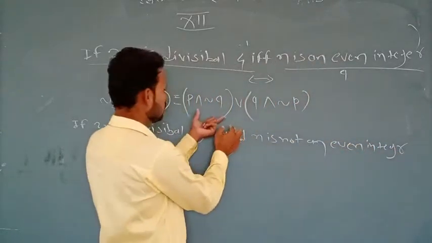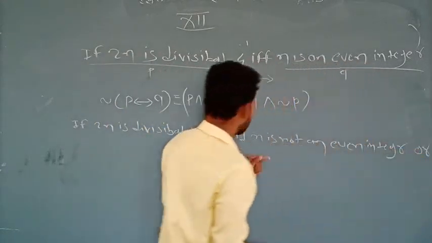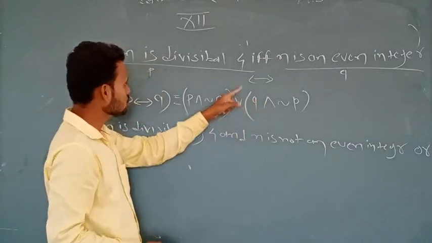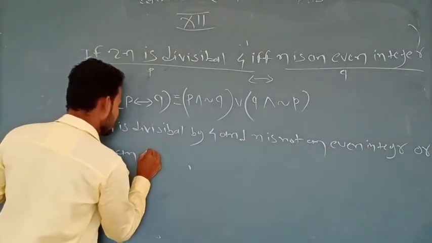Then here it is or. Then the Q statement as it is, meaning n is an even integer.